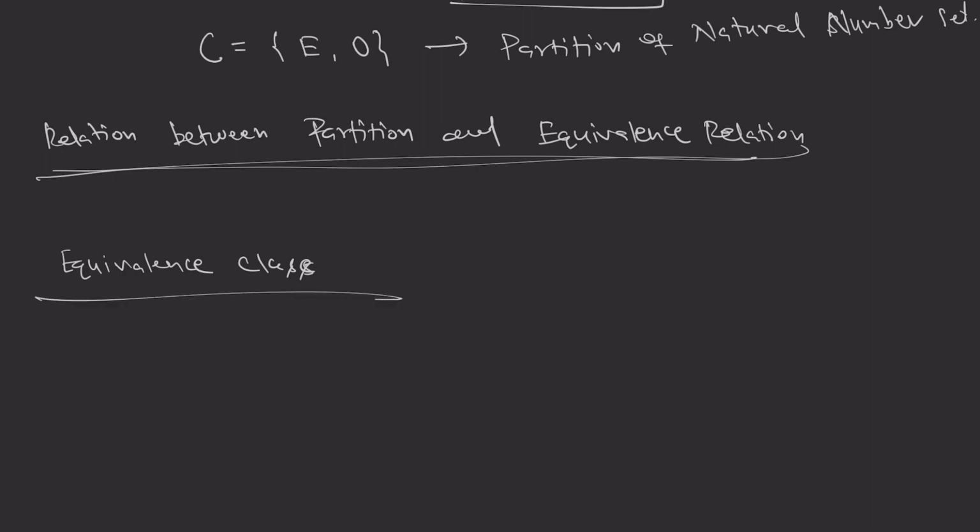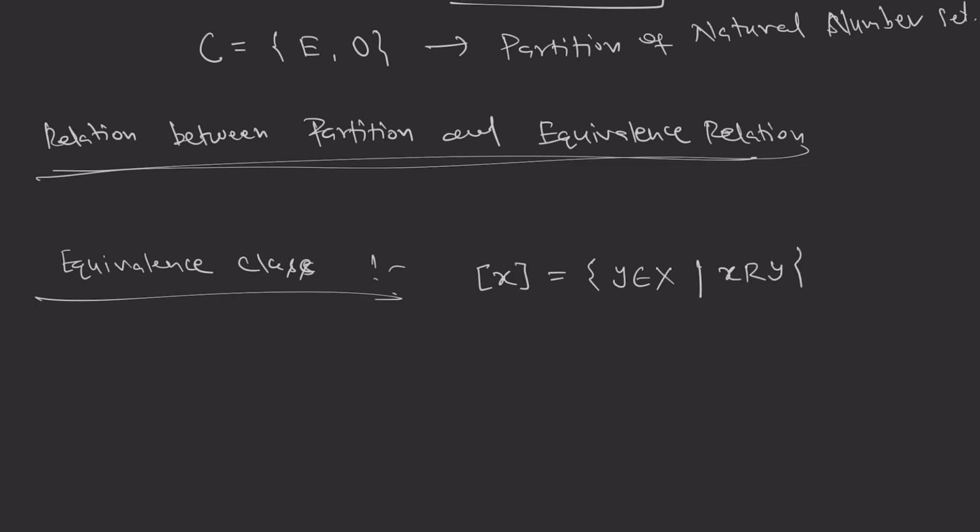Okay, so we'll denote equivalence class like this. Now equivalence class is only defined on equivalence relations. And what does the equivalence class contain? It contains the elements y belonging to X such that x is related to y.